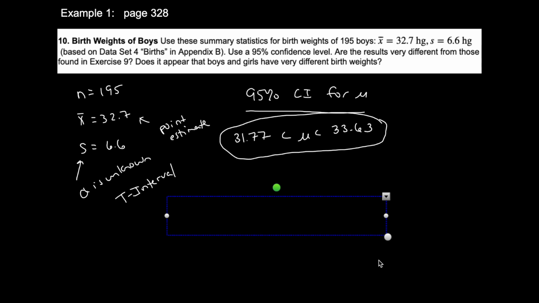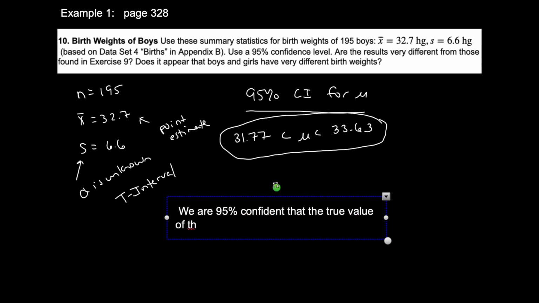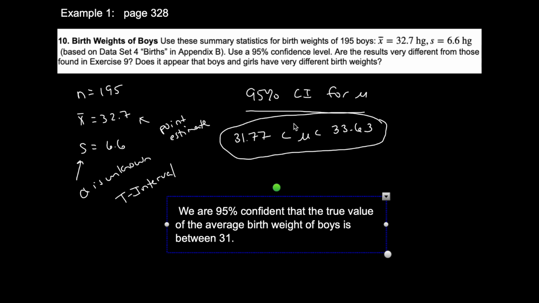So again, we are 95% confident that the true value of the population mean, in this case the average birth weight of boys, is between 31.77 and 33.63, and our units are Hg.